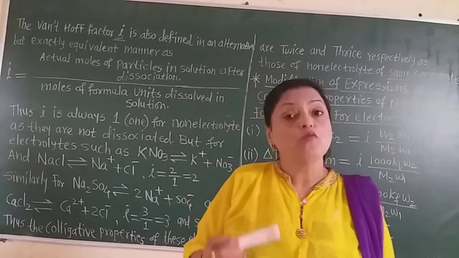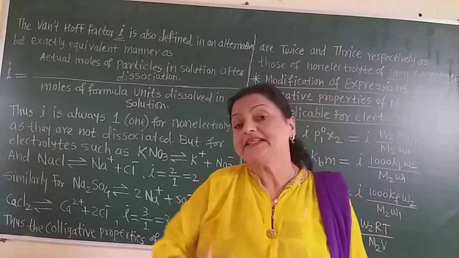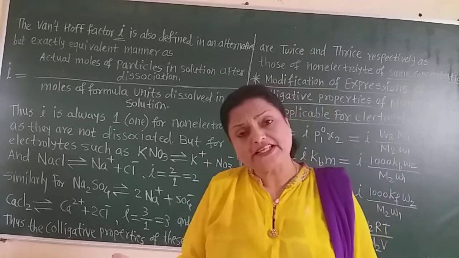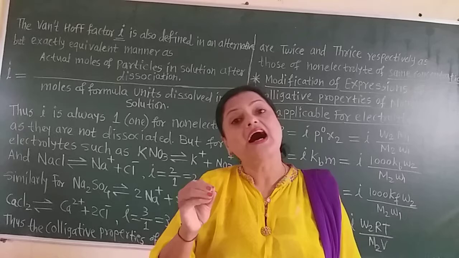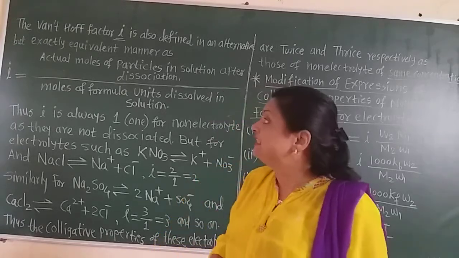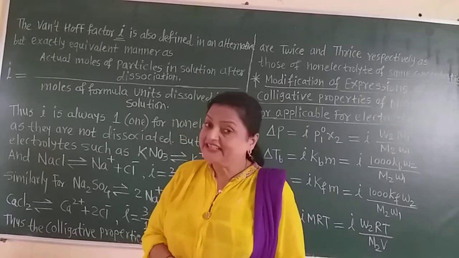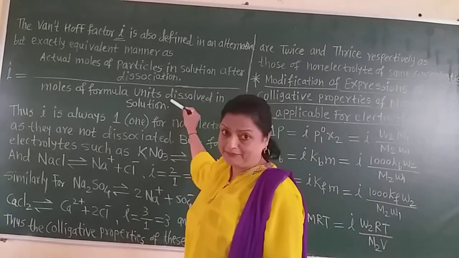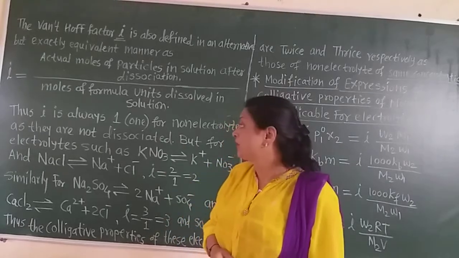The number of moles of non-electrolyte after dissociation and before dissociation are the same. So in case of non-electrolyte, this Van't Hoff factor i is always 1, because same divided by same number of moles is equal to 1.